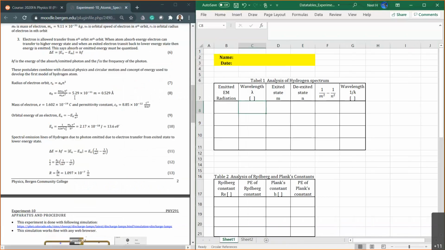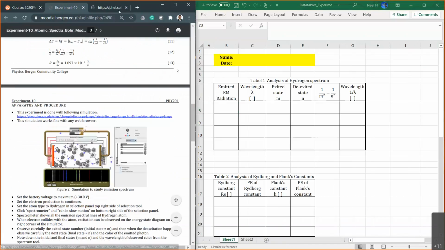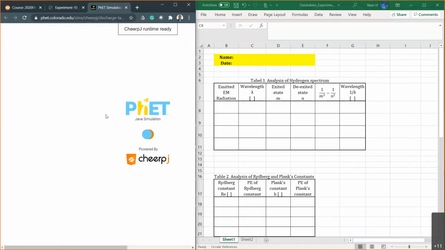Okay, then let's continue. You can click on the simulator link, which will open up in a new window. That web page seems to be a little slow, but it should open up.